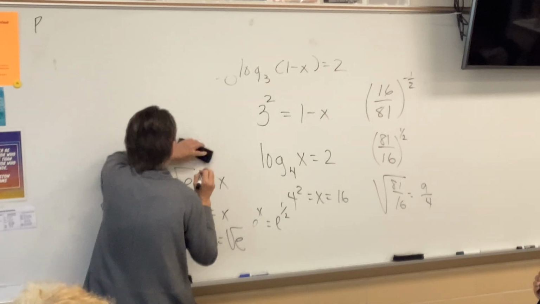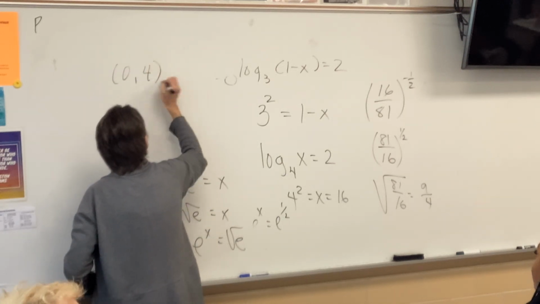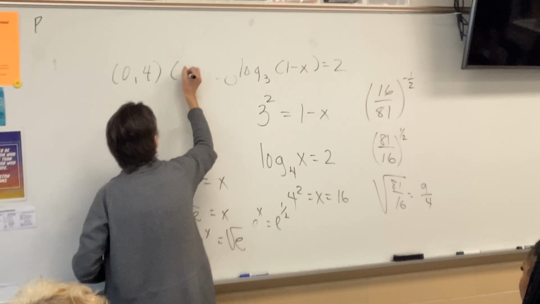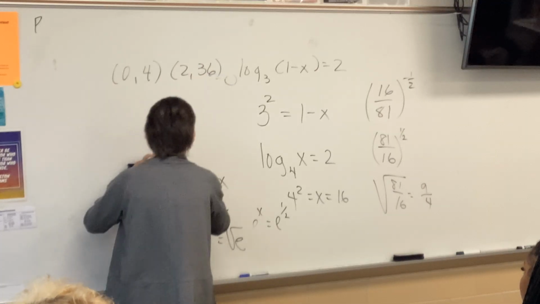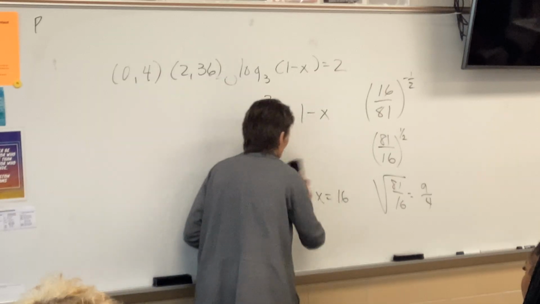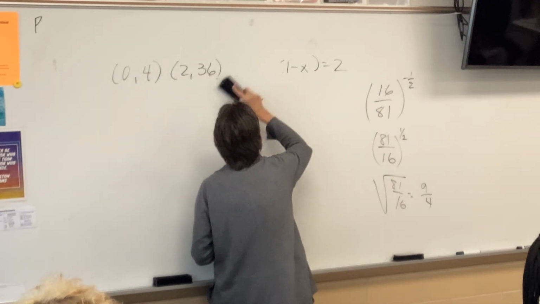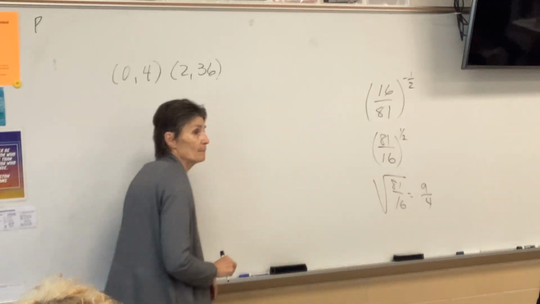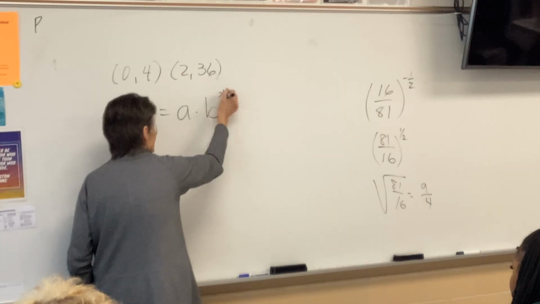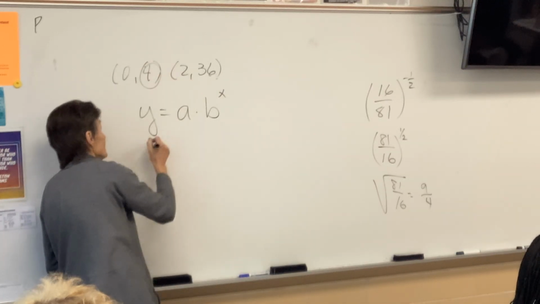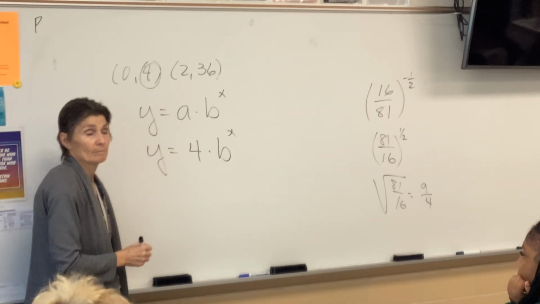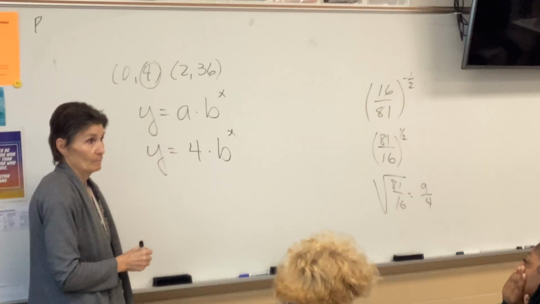Alright, how about this? How about writing an exponential? And you have 0, 4, and 2, 36. So your job is to write the equation of the exponential function. So how do we start? Know what you're looking for, which is this. This is your goal. But we already know a is 4. Right?